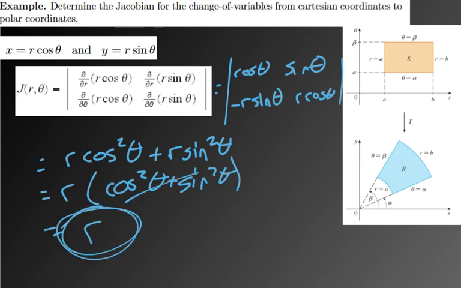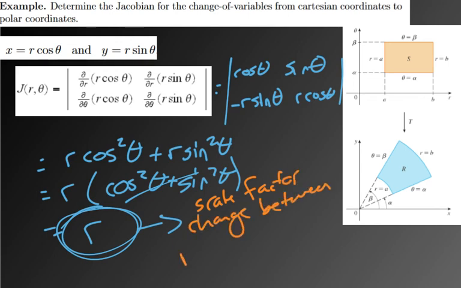So this is a very important concept. It represents the scale factor change between polar and rectangular coordinates.